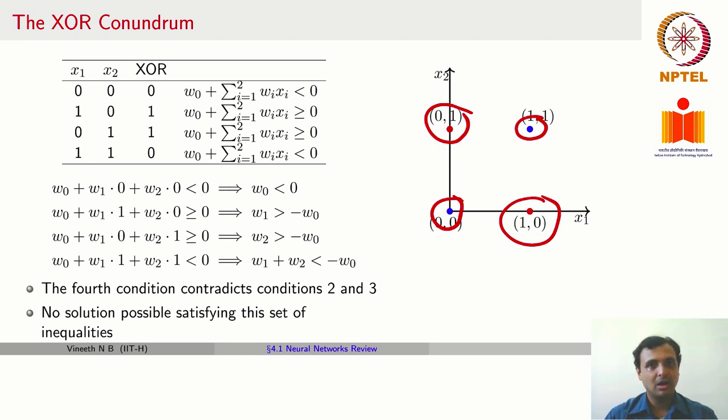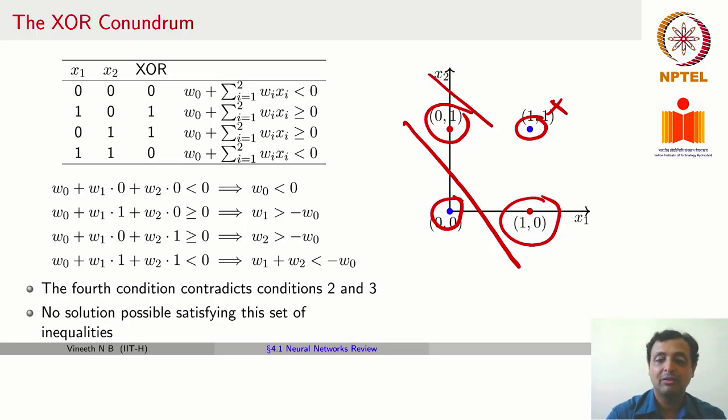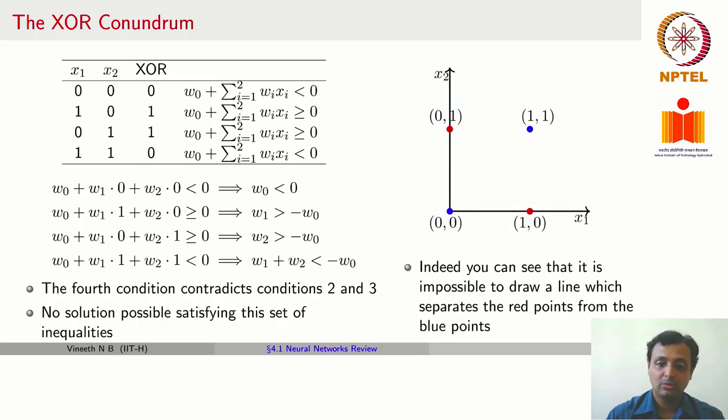And as we said, a perceptron simply embodies a line. If you draw a line here, you're going to get this element wrong. And if you draw a line here, you're going to get this element wrong. An XOR gate cannot be solved by a linear model. So as you can see, it's impossible to draw a line which separates the red points from the blue points here.